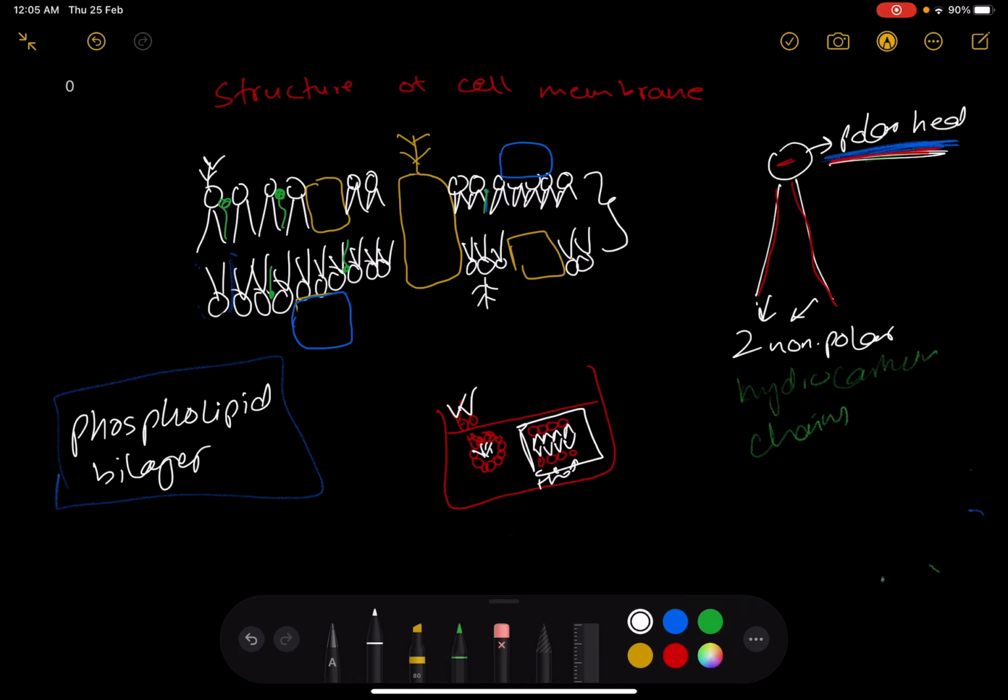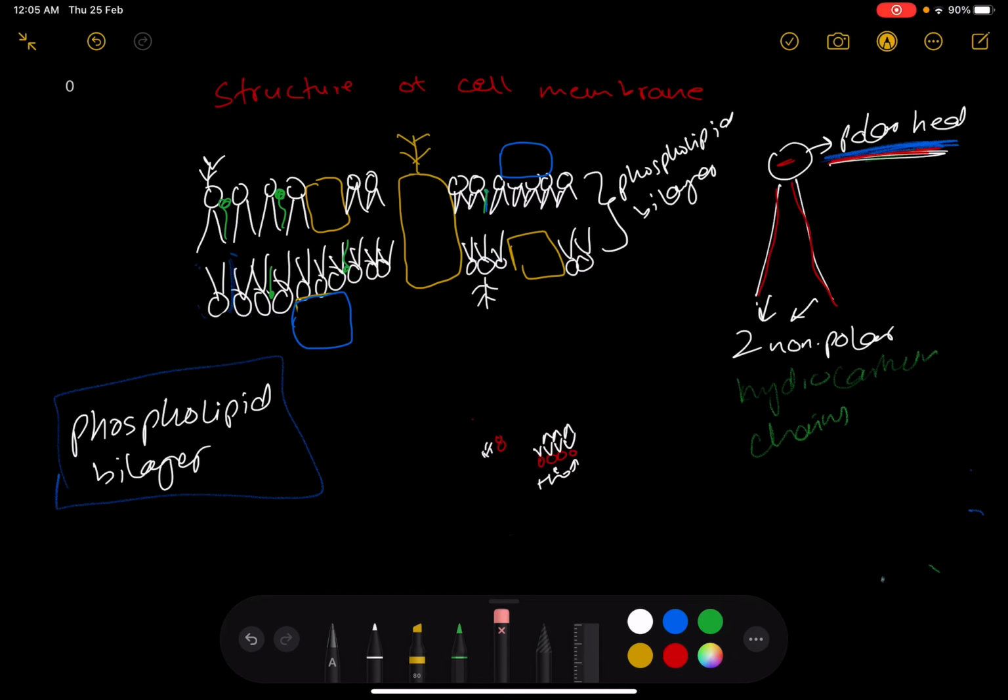This is the phospholipid bilayer. Now the other components are proteins, but the proteins are segregated into two categories.